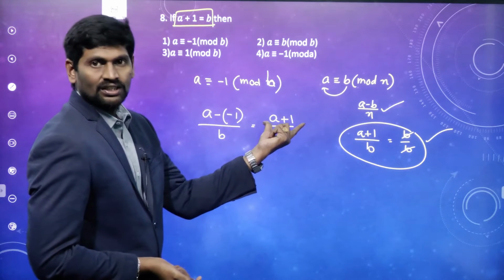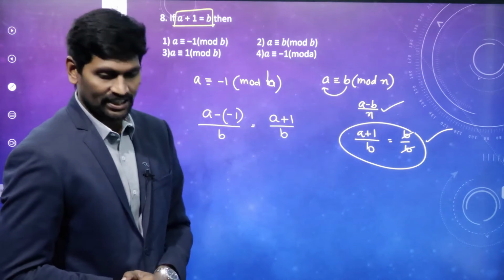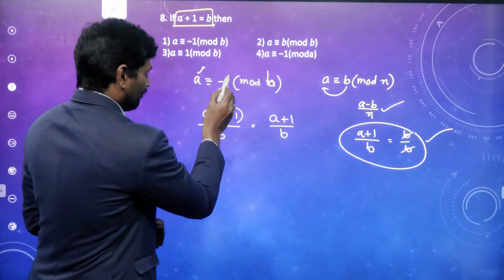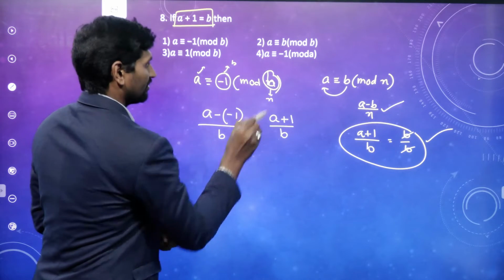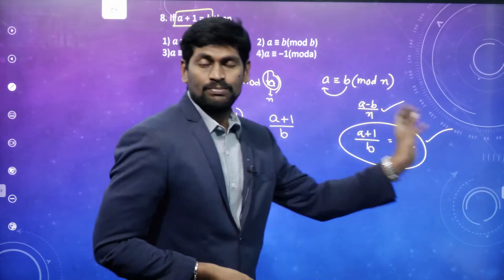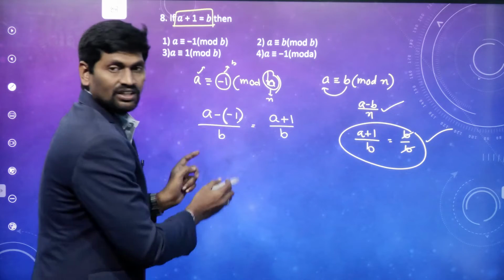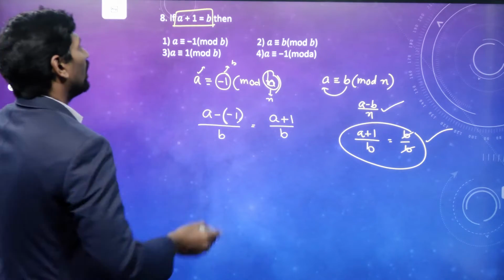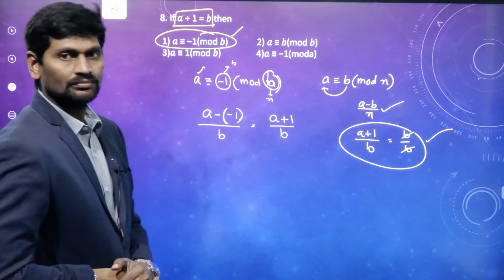Like the a minus b divisible by n condition, same way here also, this is considered as a, minus 1 is considered as b, and this modulo b is considered as n. a congruent to b modulo n is possible when a minus b is divisible by n. Same condition, a minus b, here minus of minus becomes plus. So a plus 1 is divisible by b. So option 1 is exactly suitable to the given one.